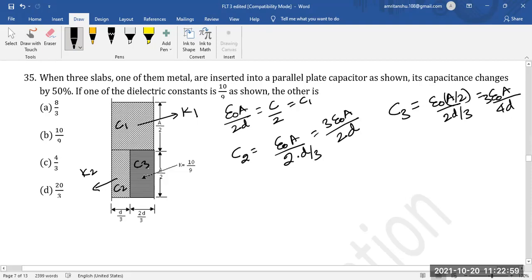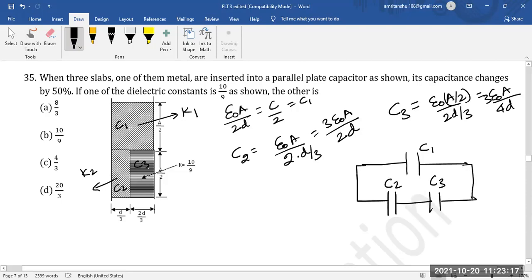So now C1 can be written like this, and C2 and C3 can be written like this. And it is said one of them is metal.